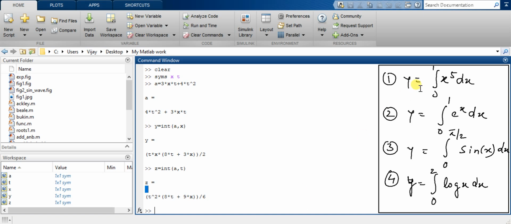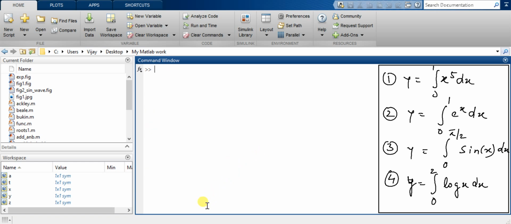So the first one is we have to integrate x to the power 5 with respect to x from 0 to 1. Now first clear out this command window and wipe out all the variables. Now let's try to code this. So first we have to define syms, a symbol x or object x.